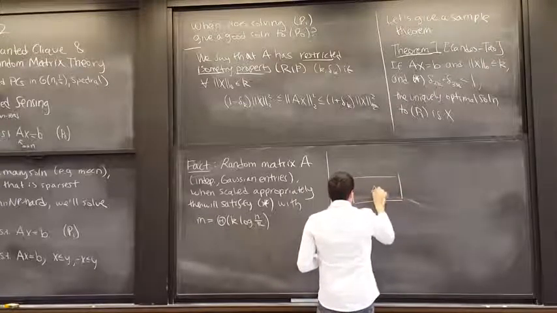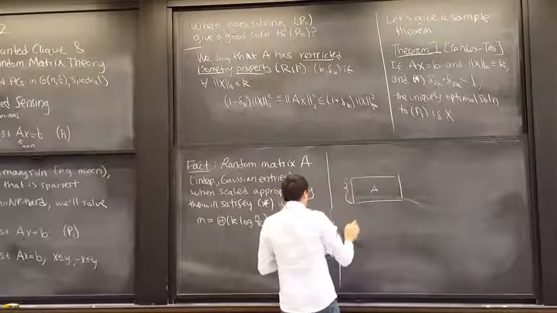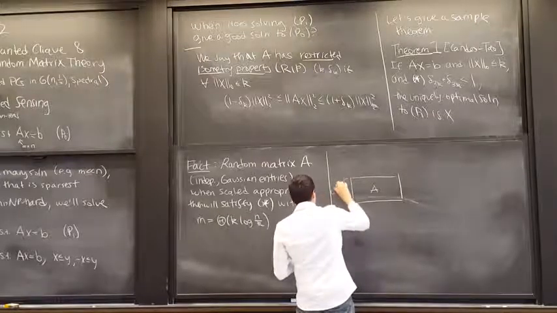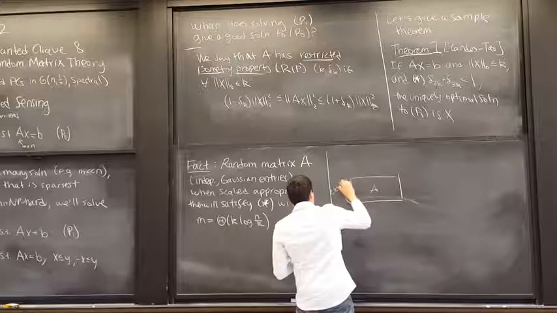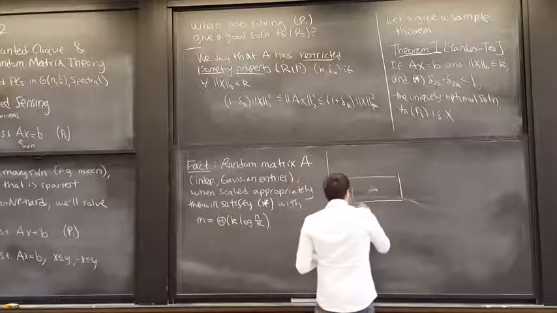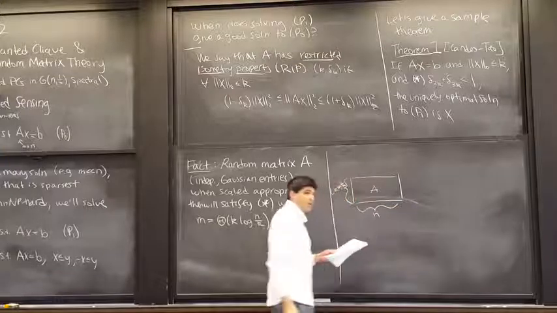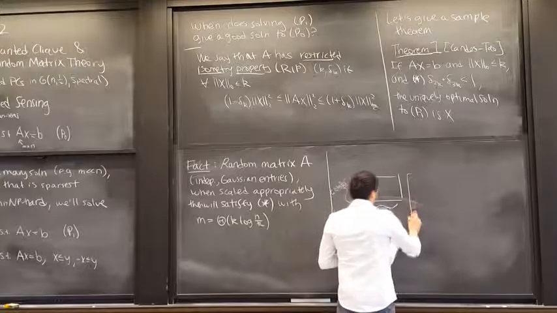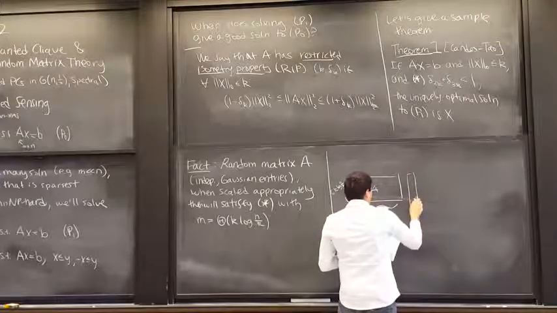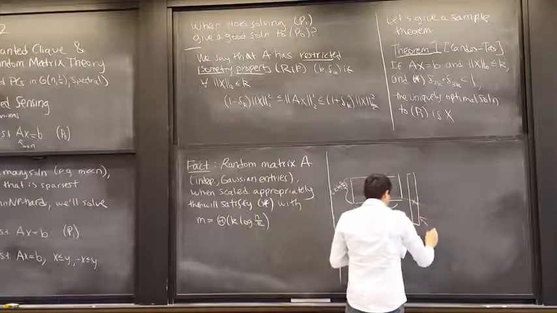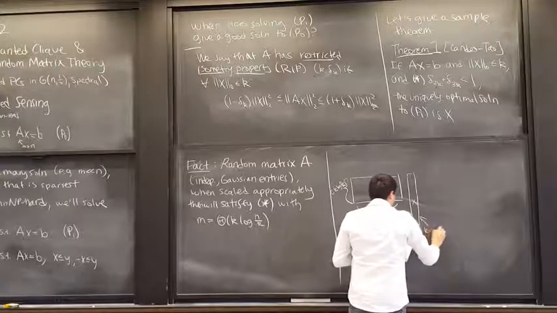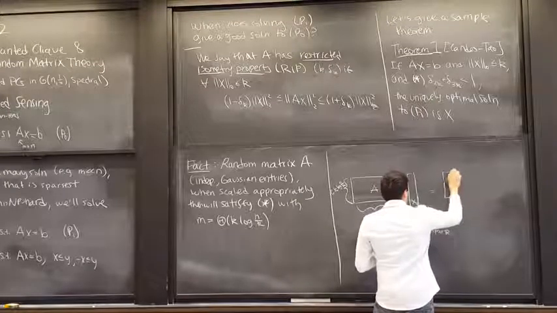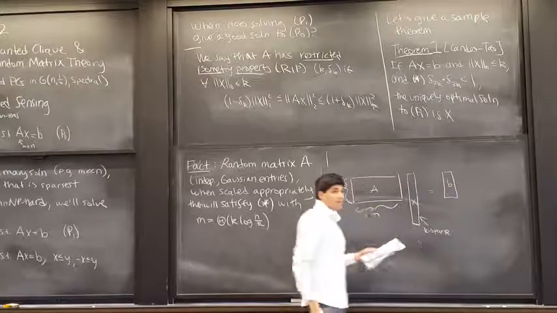Let's take our matrix A, which has the dimensions equal to this fact. We should think about the number of rows as being C times k log of n over k, and the number of columns as being n. So it really is a short, fat matrix. And lo and behold, we multiply it by a vector x, which is itself k sparse, meaning that it has at most k non-zeros, and we create this vector of constraints b.